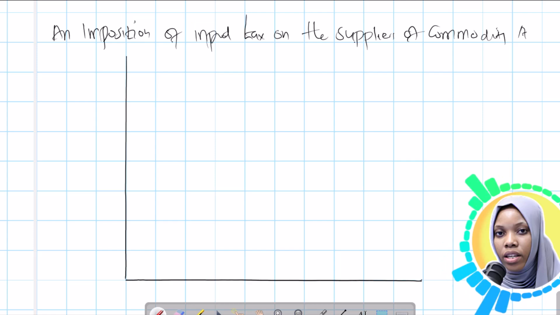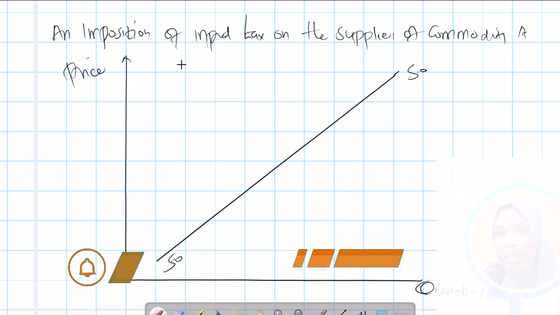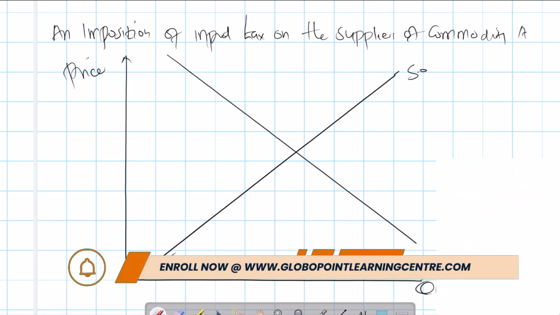On our horizontal axis, we're going to have the quantity demanded, and on the y-axis we're going to have the price of the commodity. Then the supply curve is positive sloping, which we are going to call SO, the original supply curve, and our demand curve that is always downward sloping, the original, we are going to call DO.